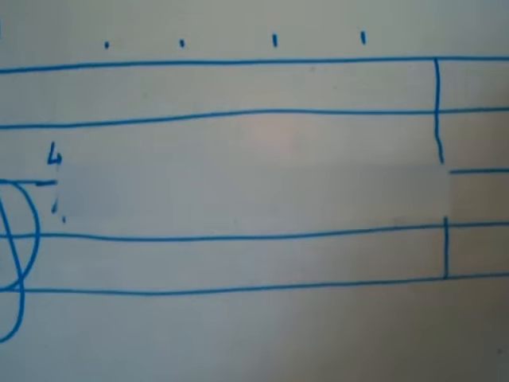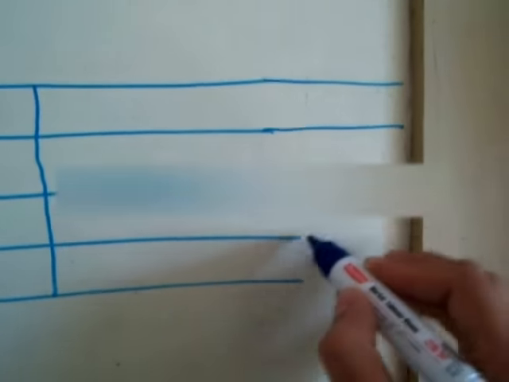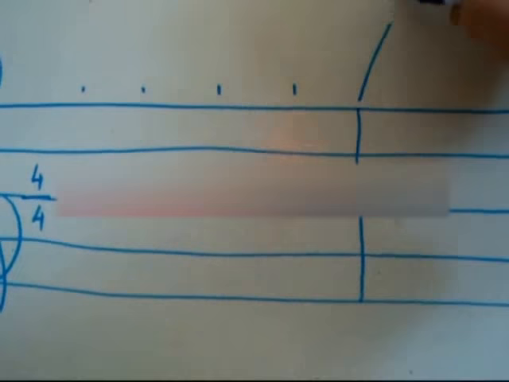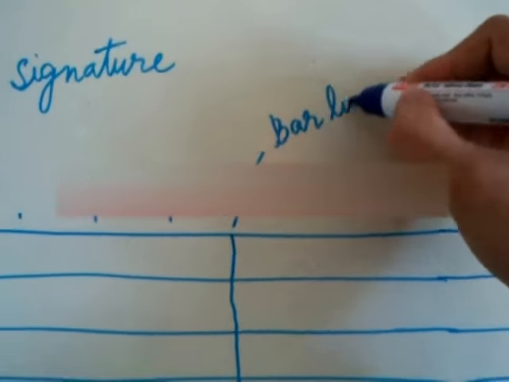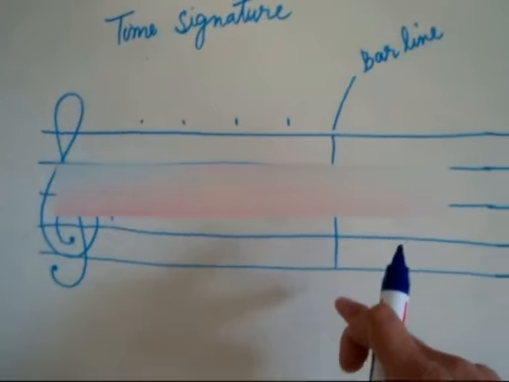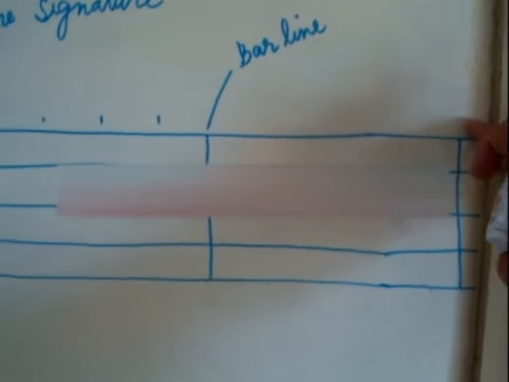And again, if you extend it, this is the bar line, and this bar line tells the end of one measure. This is again a bar line, and this tells the end of the second measure.